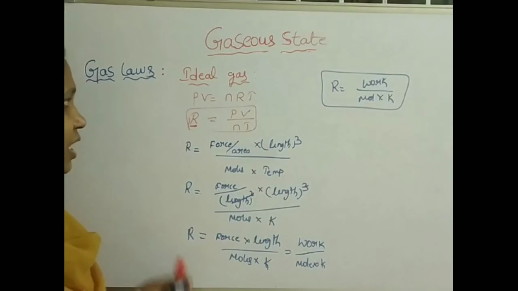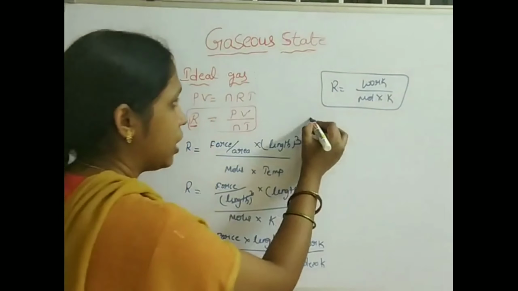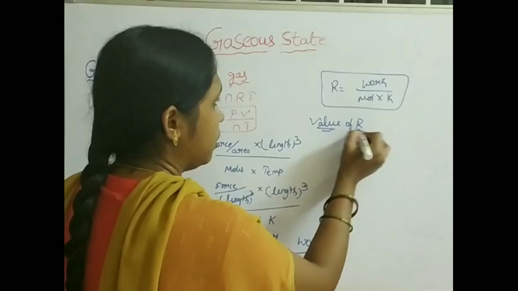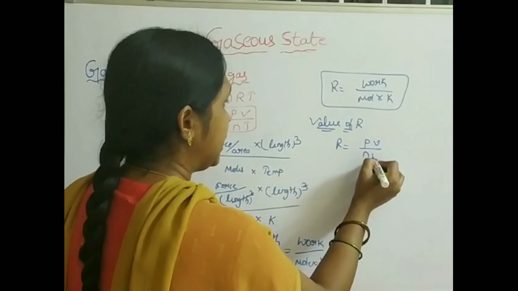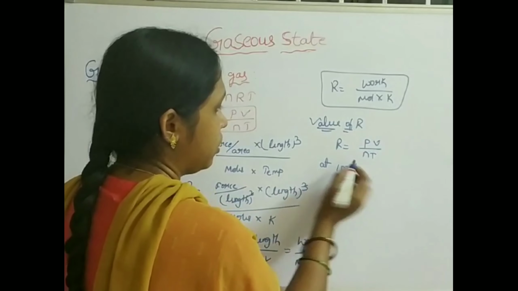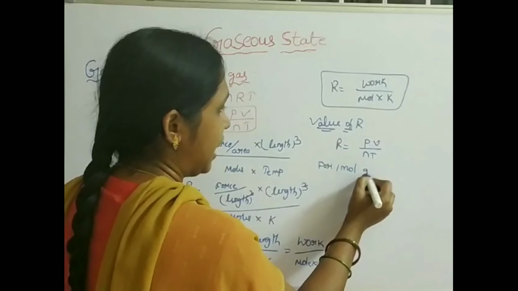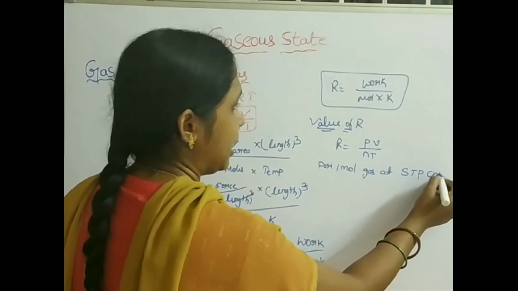Now we will see the value for R. Take the formula R equal to PV by nT, for 1 mole of gas at STP conditions.